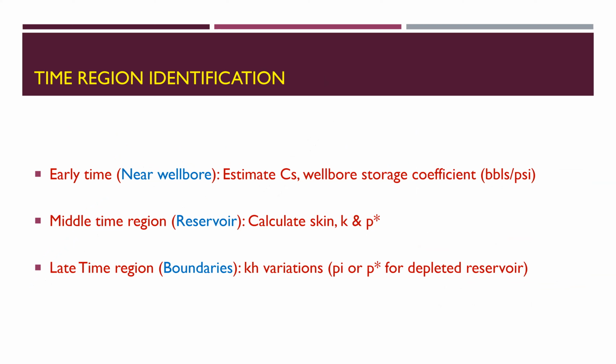The middle time region represents the reservoir. This is why skin, permeability and reservoir pressure will be estimated from the middle time. Late time region will be highly dominated and affected by the boundaries. Any variation in the reservoir parameters, or if we hit a boundary, will dominate the late time region.